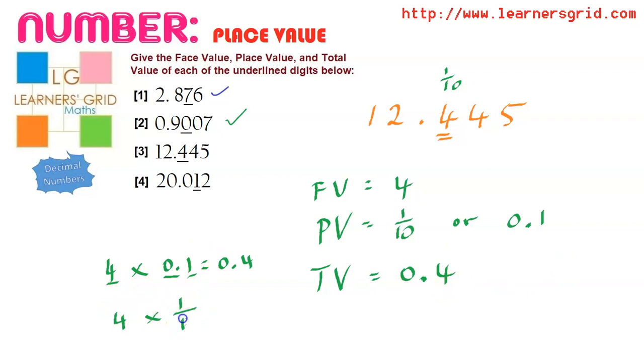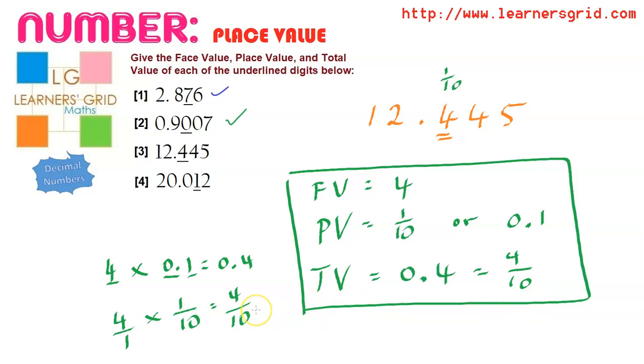So multiply 4 by a tenth, convert the 4 to a fraction, 4 times 1, so numerator times numerator is 4. Denominator times denominator, 1 times 10 is 10. And so the total value is 4 over 10. Either or, these are the solutions that you need for number 3.